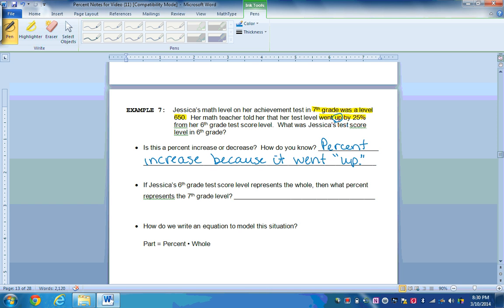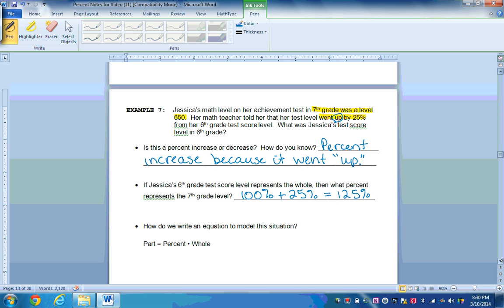Okay, and if her 6th grade test score level represents the whole, what percent represents the 7th grade level? Well, if the 6th grade level was 100% of her score and she went up by 25%, that means we're adding 25% to her score, and it's actually 125%.